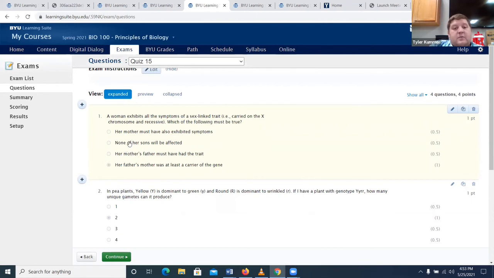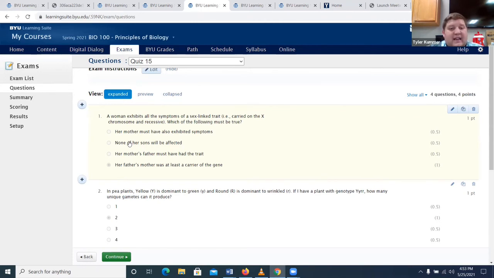None of her sons will be affected. Well, a woman will only pass on X chromosomes to her sons, right? Her sons only get 1 X chromosome. It has to come from mom.